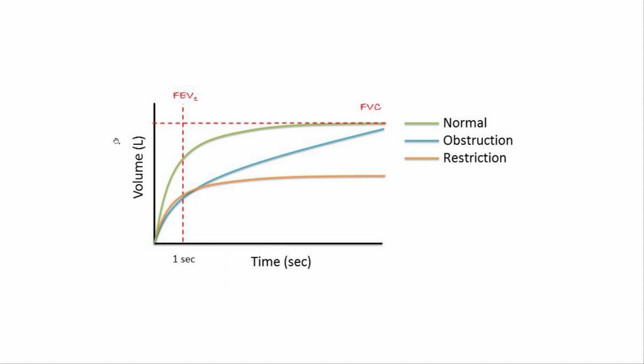This is the volume over time curve, sorry, not the flow over time. And what I wanted to show here was the FEV1, which is the expiratory volume in 1 second of pushing as hard as you can. FEV1 is reduced in obstructive conditions, but it's also reduced in restrictive conditions.